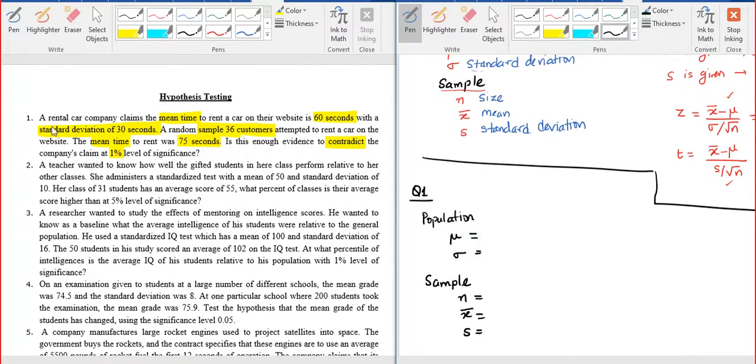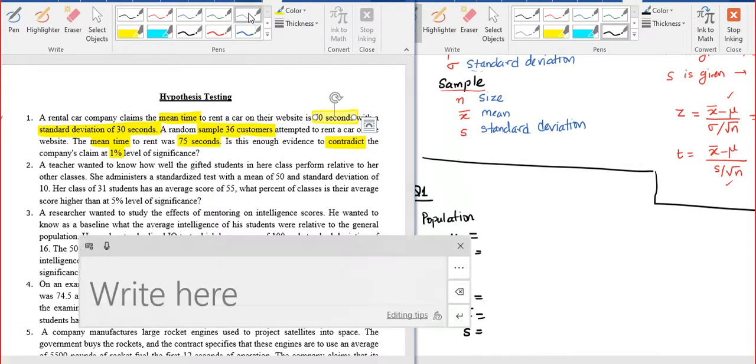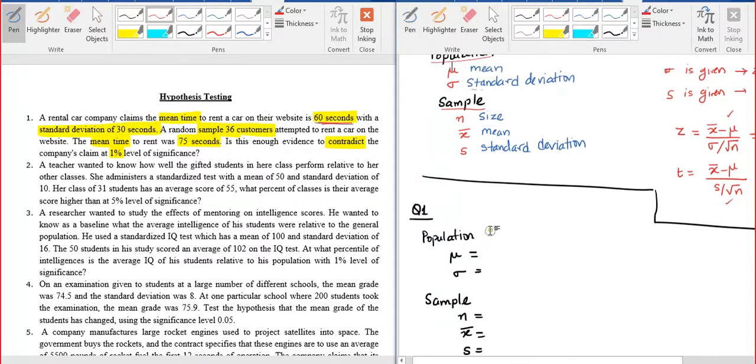If we read the first line, a rental car company claims mean time to rent the car on their website is 60 seconds. So this is the time that the website is taking. They are talking in general about the website, so this is the population mean.